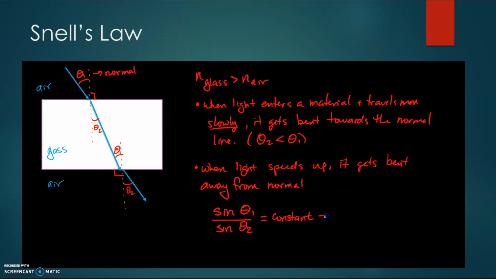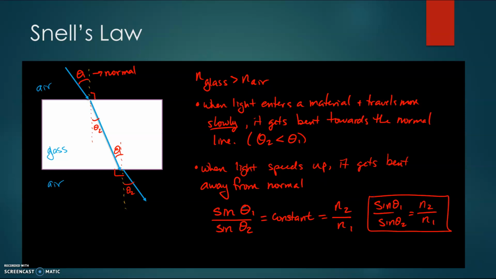And it turns out this number is the index of refraction of the second material divided by the index of refraction of the first material. To simplify a little more, sine theta 1 over sine theta 2 is equal to n2 over n1, the index of refraction of substance 2 divided by the index of refraction of substance 1. And this is Snell's law.